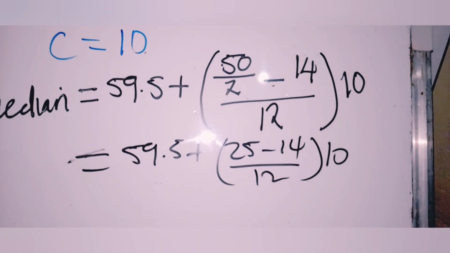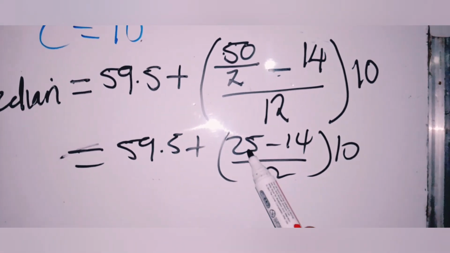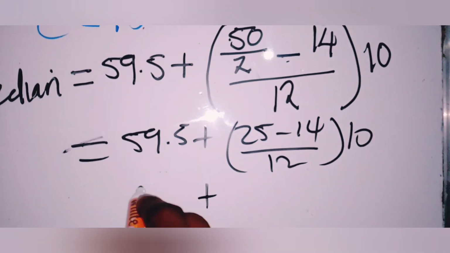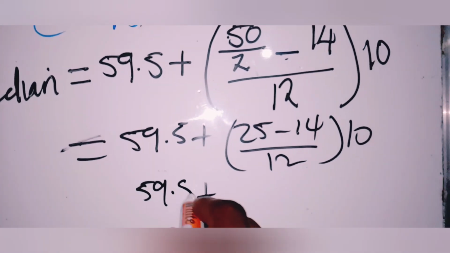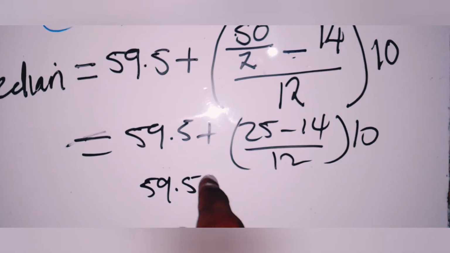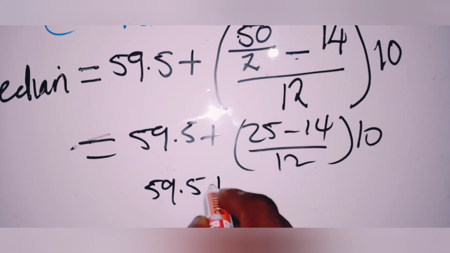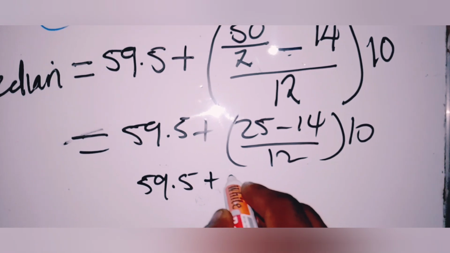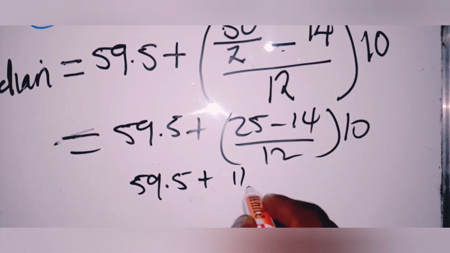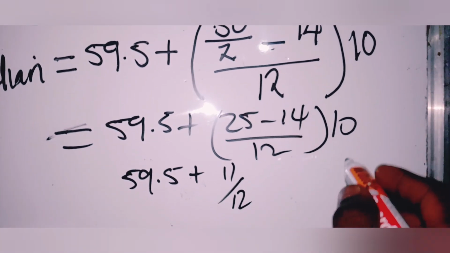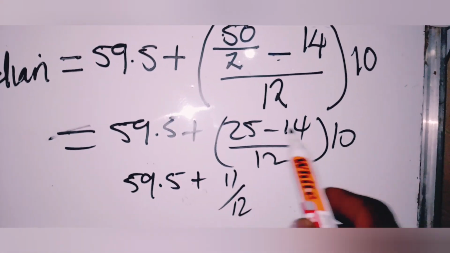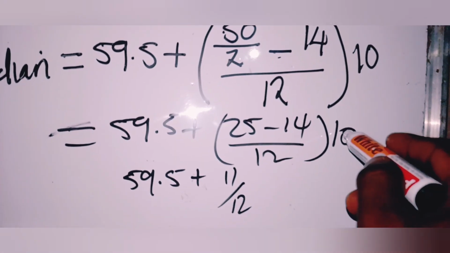Before that, to simplify things, we need to subtract here. So this will give us 59.5 plus 25 minus 14, that is 11, over 12. Now you have got a 10, so it's more like you are multiplying on top.